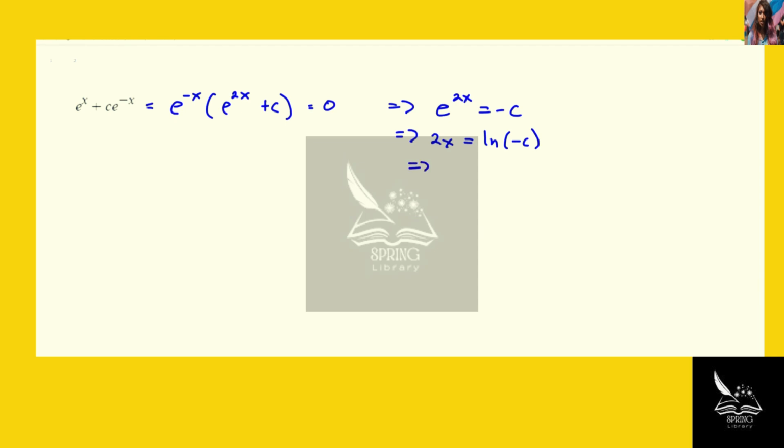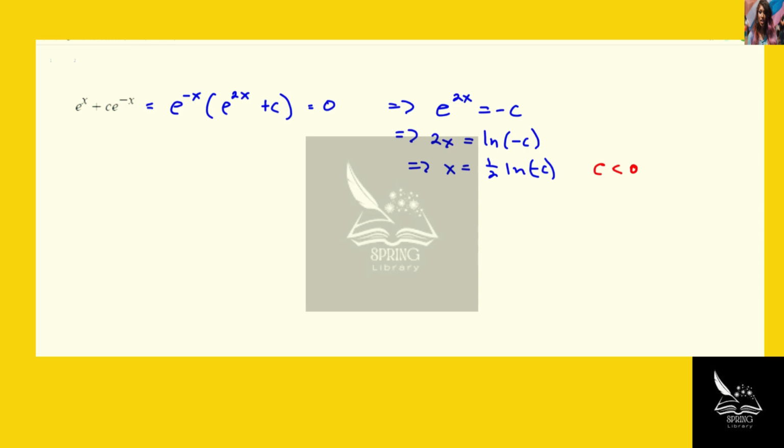Then divide each side by 2, and we get x is equal to 1/2 natural log of negative c. Something you might notice is that this will only be defined when c is strictly less than 0, since we can't take the natural log of 0, nor of a negative number. So we'll only have x-intercepts when c is strictly less than 0.